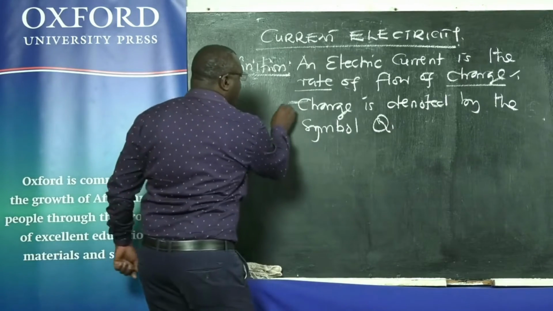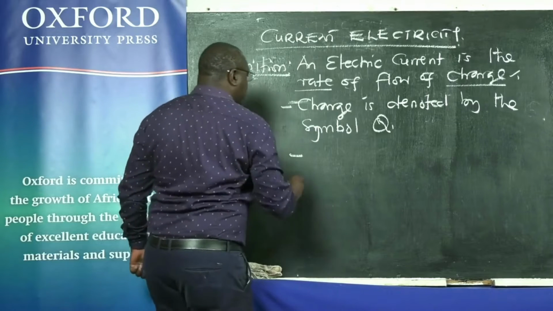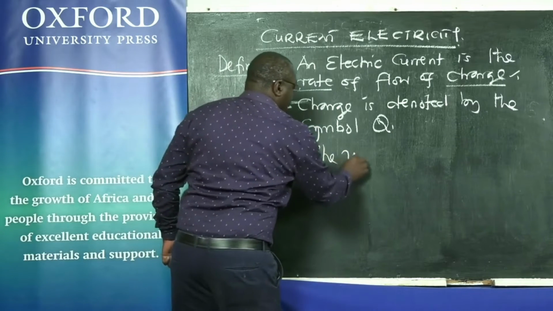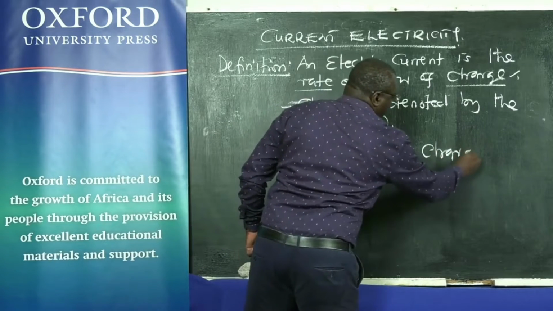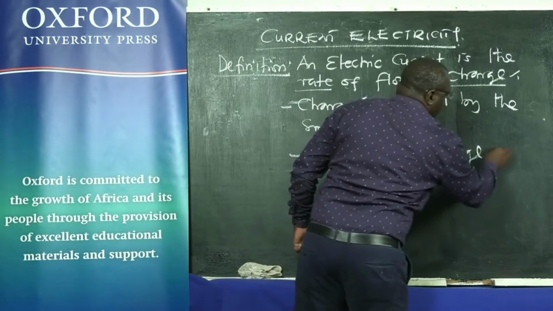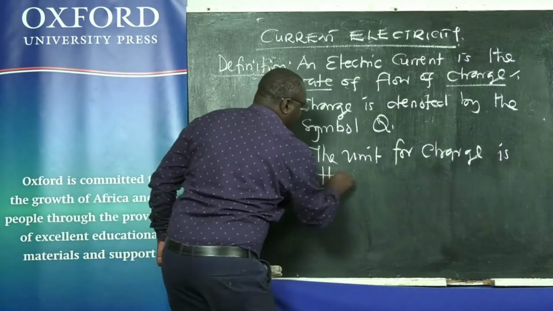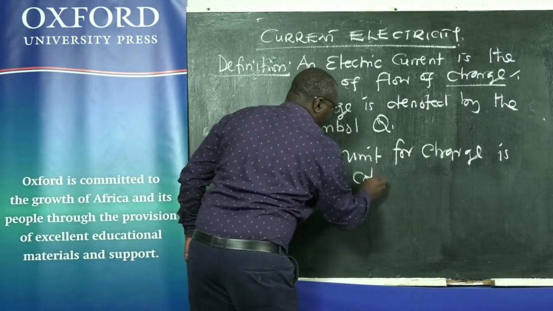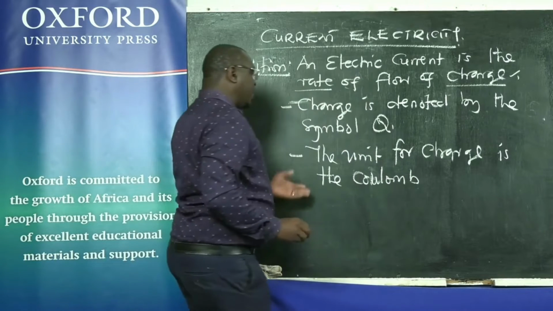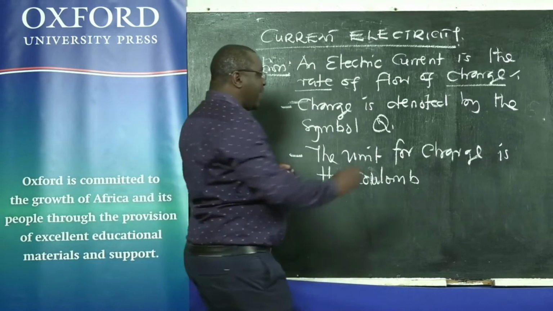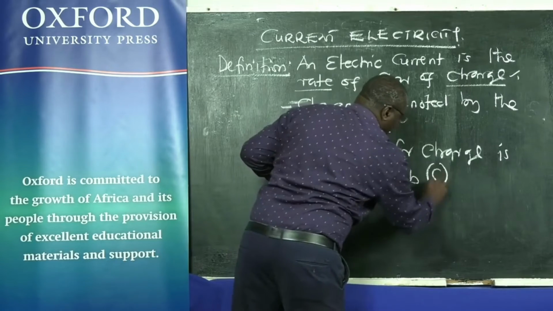We can put that as a highlighting point: the unit for charge is the coulomb. The coulomb is denoted by the symbol C.